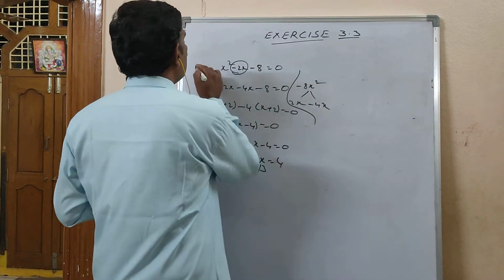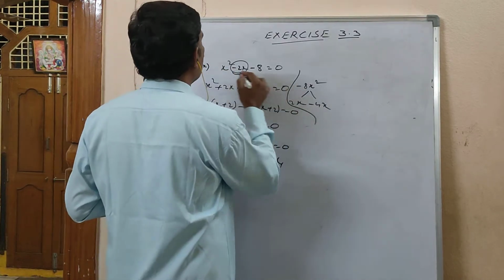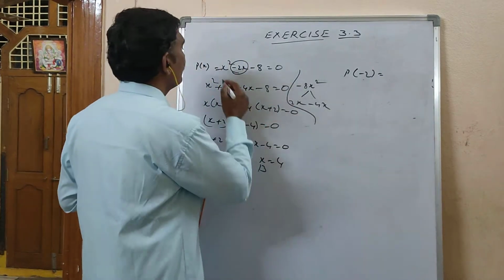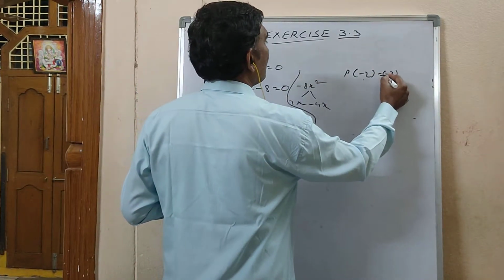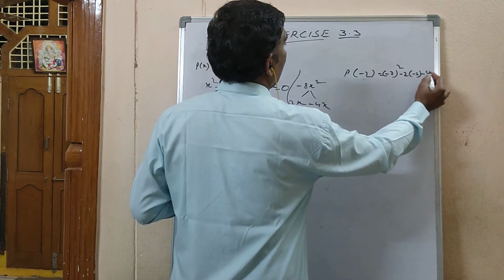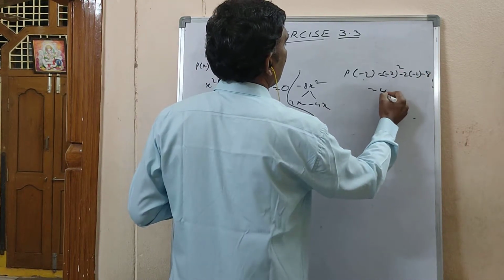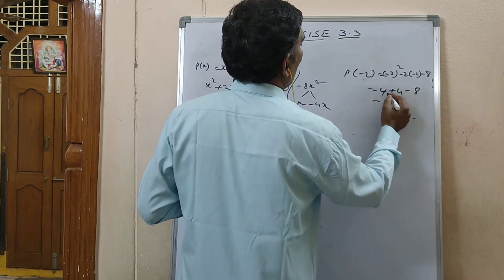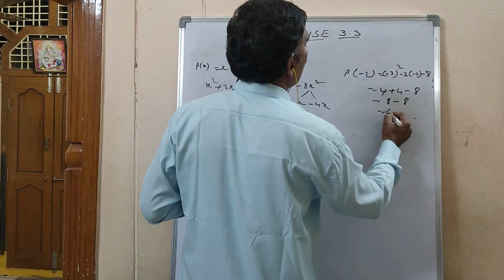So, it is p of x. I am writing p of minus 2. So minus 2 whole square, minus 2 into minus 2, minus 8. Minus 2 whole square is 4. Minus 2 into minus 2 is plus 4. 4 plus 4 is 8. 8 minus 8 is 0.